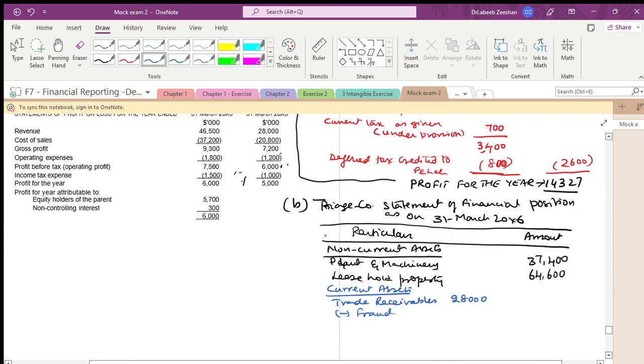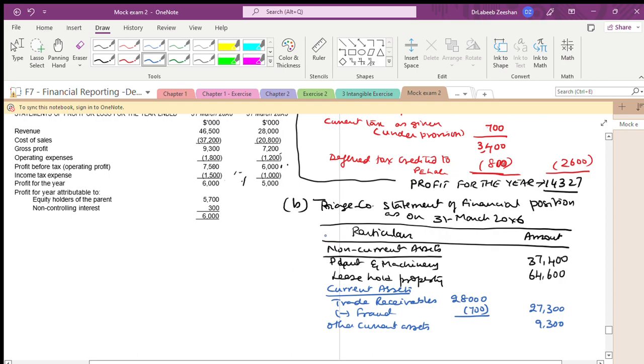Is it right? There is a fraud. How much is the fraud? 700. It comes to how much? 27,300. Is it right? Other current assets is 9,300.